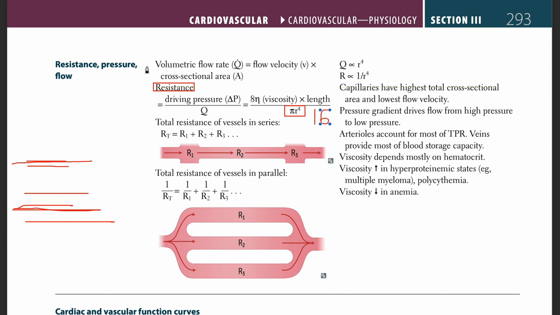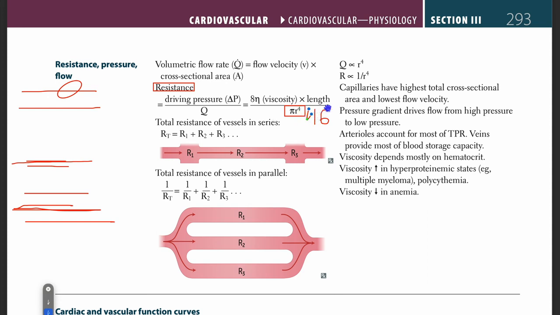So they'll ask you, there's an artery and it was clamped halfway, so only 50% of it was open or something, right? So when you decrease the radius, resistance increases. So if resistance increases, the radius has decreased, right? When the radius decreases, they're going to ask you how much it changed.